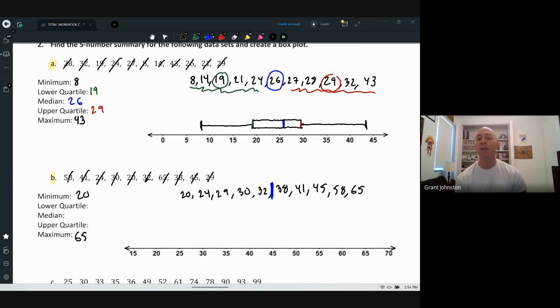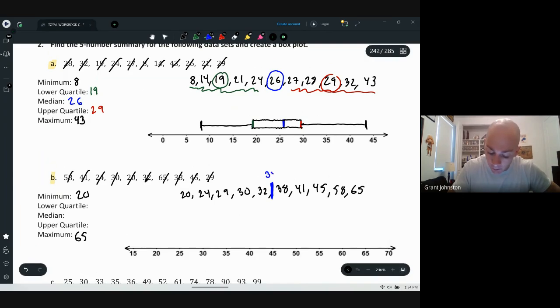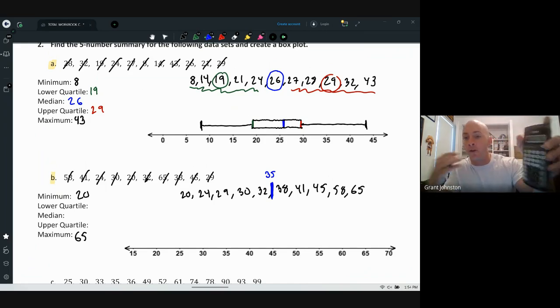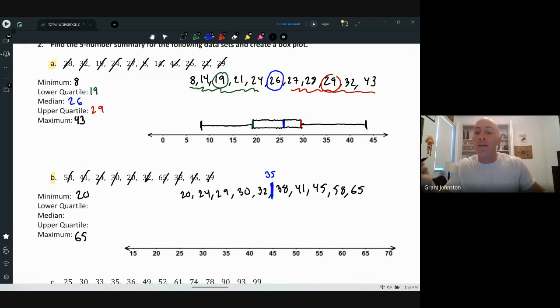So to get that median, you find whatever's in the middle of 32 and 38. Now, if your mind thinks of a number line like mine always does, I know it's 35. 35 is in the middle of 32 and 38. And if you didn't know that, you just find the average of the two numbers. Do 32 plus 38 and divide by 2, and you get 35. So that's how you can get a median.